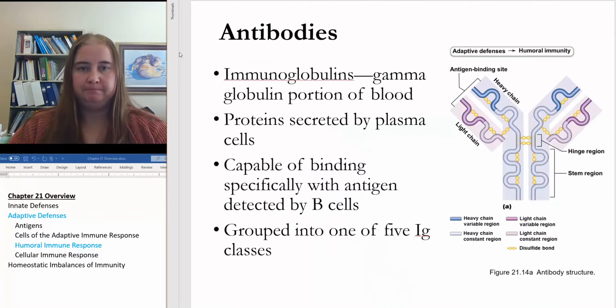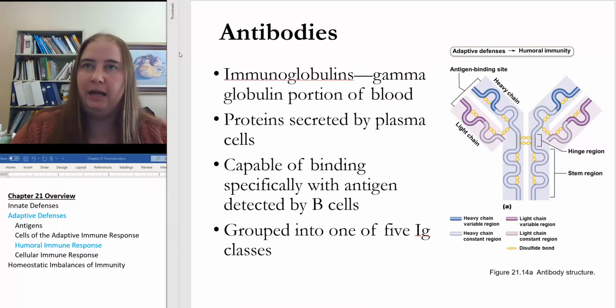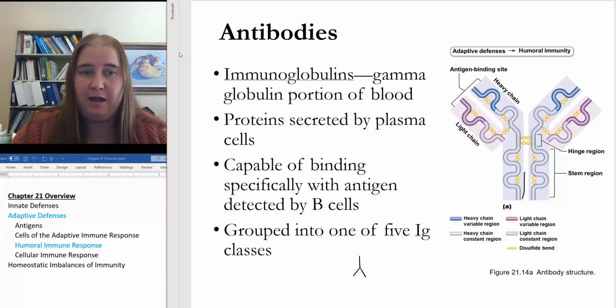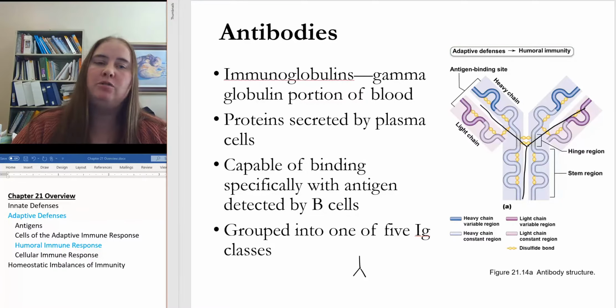Okay? So we talked a lot about these antibodies. Now, here is what an antibody looks like. I always draw antibodies like this, okay? And that is because they actually do have a Y structure to them. Now, do not memorize the structure.